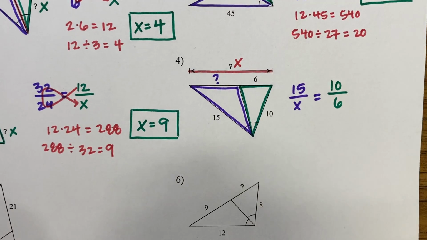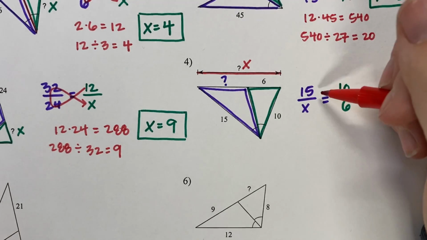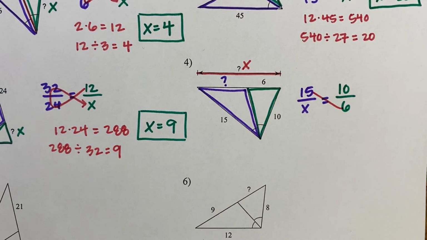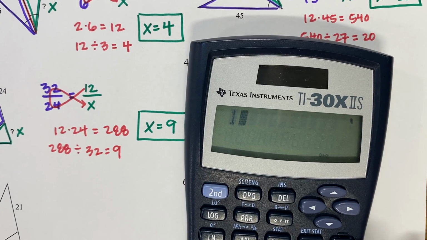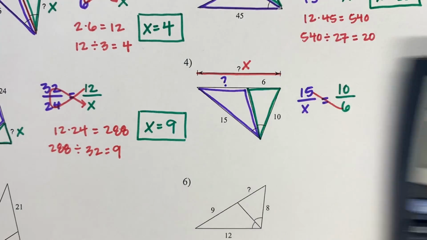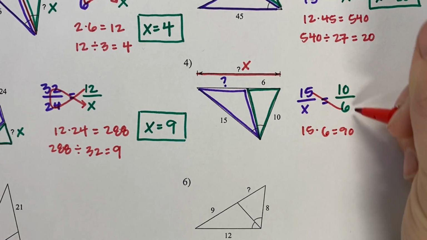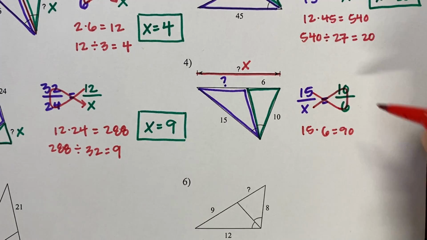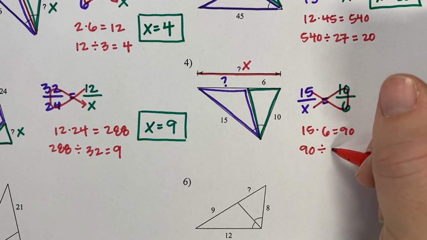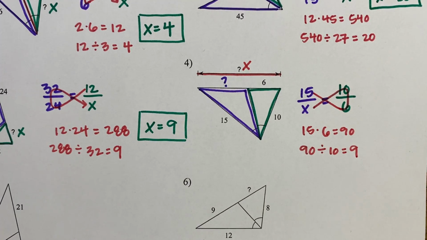Okay, so start at 15, same colors, 15 times 6 is 90, 90 divided by 10 is 9.